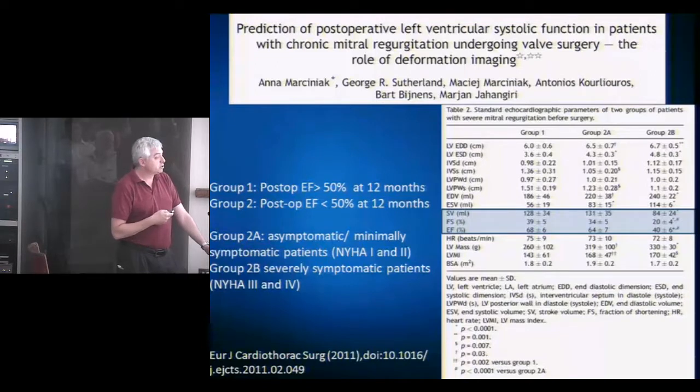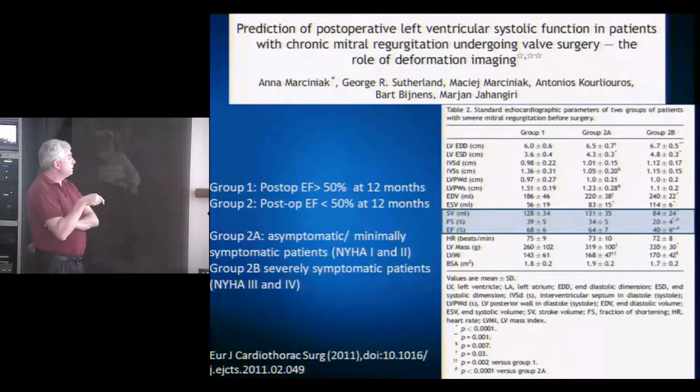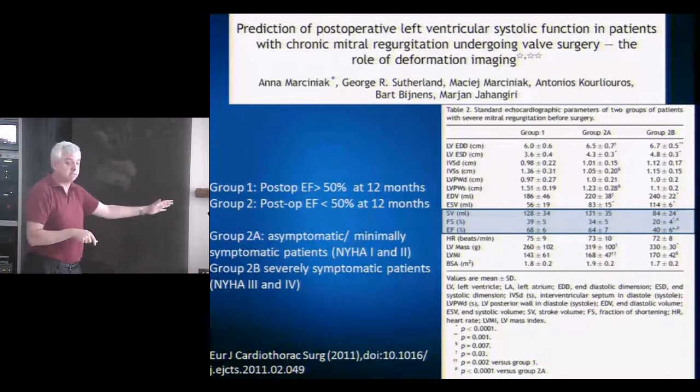You can use strain and strain rate now, this is later, this is this year, to do that, because if you look at the EF across groups, and I'll go into the groups because it's important. So group 1 are those with a post-operative EF of above 50 at 1 year follow-up. Group 2 is those with a decreased EF at follow-up.